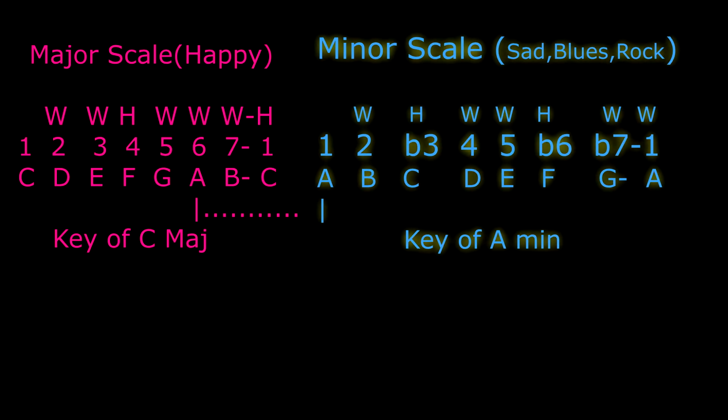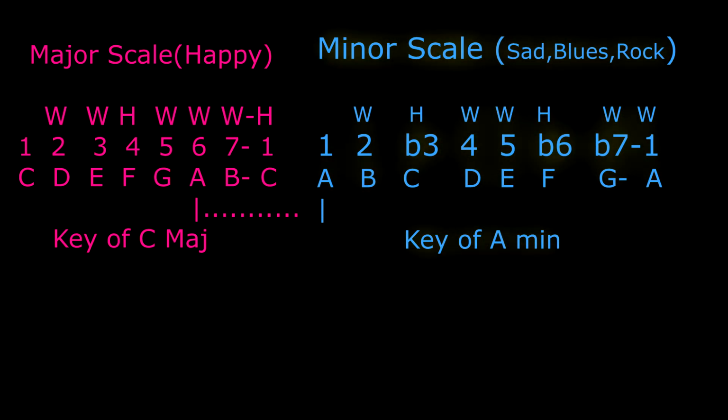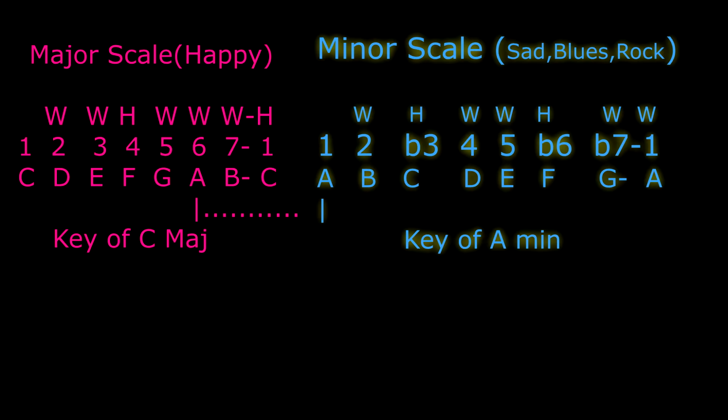So that's why the minor pentatonic scale is the most popular, most used, because it's almost hard to hit the wrong note. Now, if you stay in that pattern, which we're going to learn, and I'm going to show it to you guys in a minute.